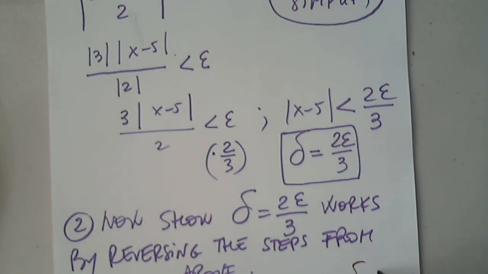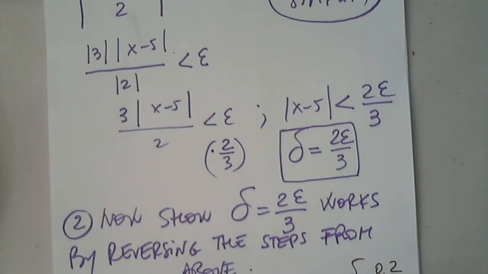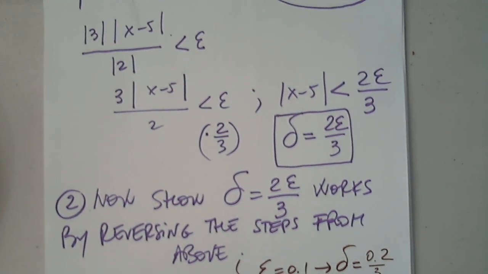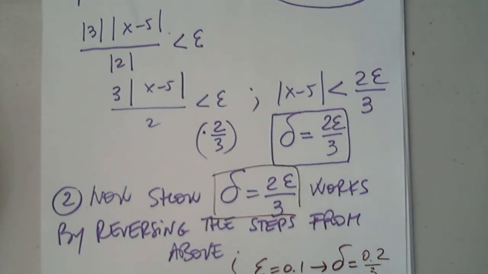Yes, 0.2/3. If I say epsilon is 0.5, can you give me the corresponding delta? 1/3. And you can go on forever. With any epsilon positive, the formula will give us the corresponding delta.